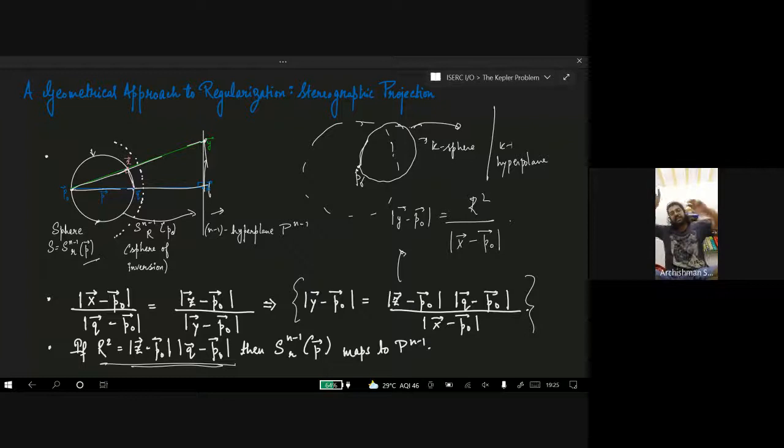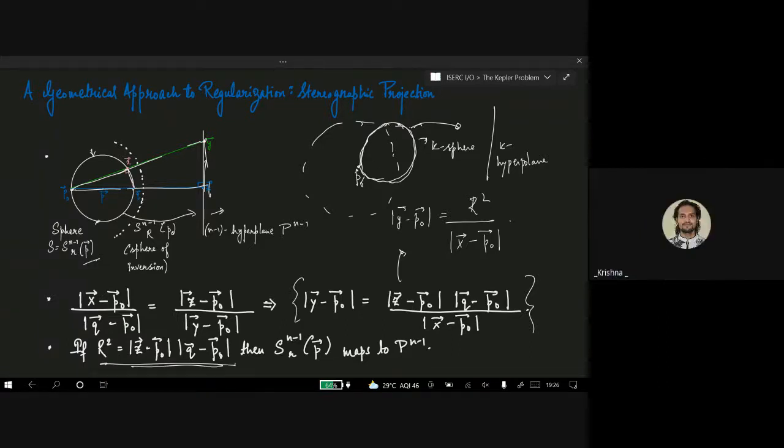The second sphere is a particular sphere that passes through the center of the sphere of inversion. Okay. So if I understand correctly, it means that all the points on the inner sphere you are mapping to a hyperplane. Yes. All the points in this particular sphere are mapped to a hyperplane. Okay.